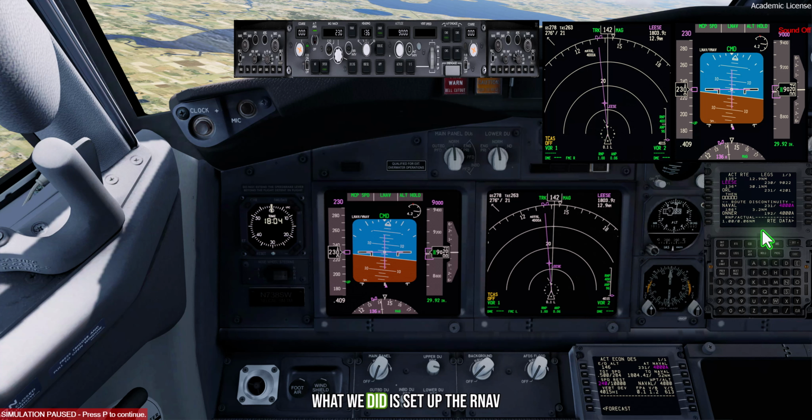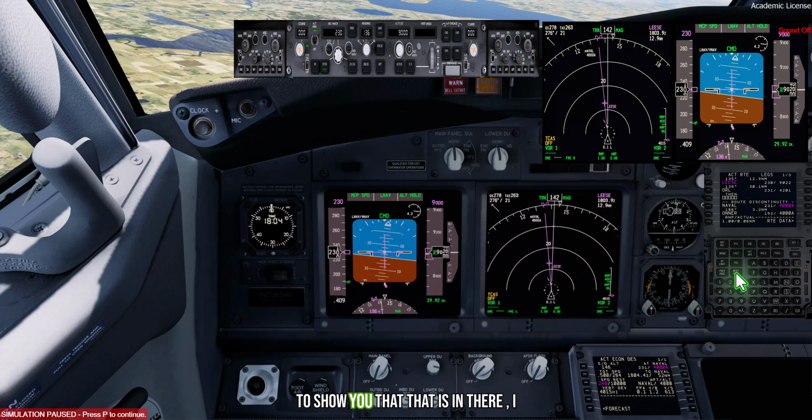So what we did is set up the RNAV approach to runway 18 right. And as you can see in the FMC, we have the latter part of the arrival here into Orlando, then a discontinuity because we would then be vectored to the RNAV approach for 18 right.